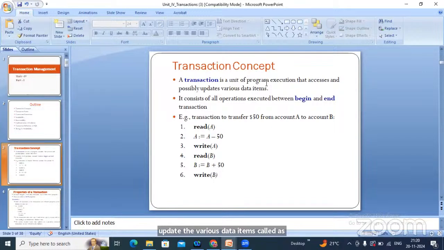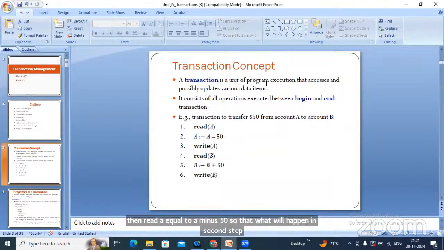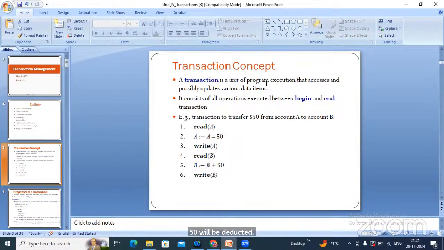So how are we going to write the transaction? If I want to transfer rupees 50 from account A to B, first we need to write begin and then read A, A equal to A minus 50. In the second step, 50 will be deducted and it will be there in B, right?